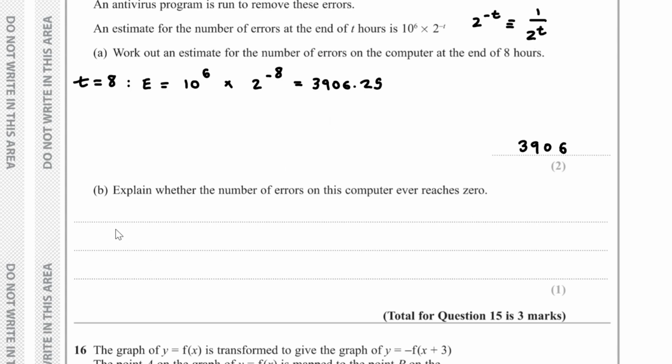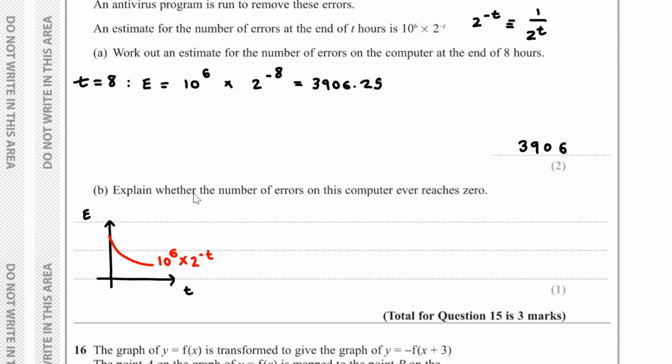And if we graph that, something like this, where we have here the errors and t, then we've got something looking like this. Okay, so this is the graph of 10 to the 6 times by 2 to the minus t. And this will never approach 0.